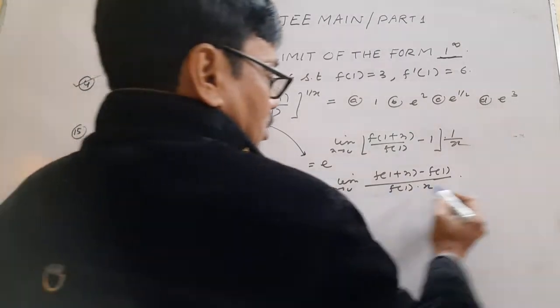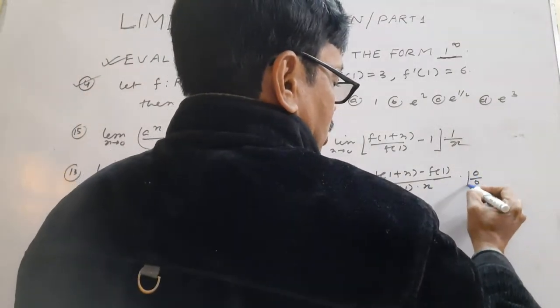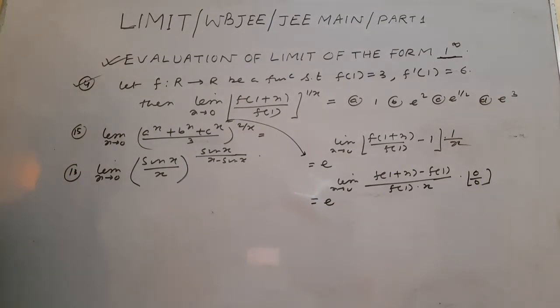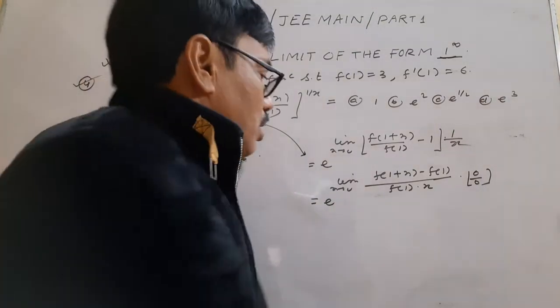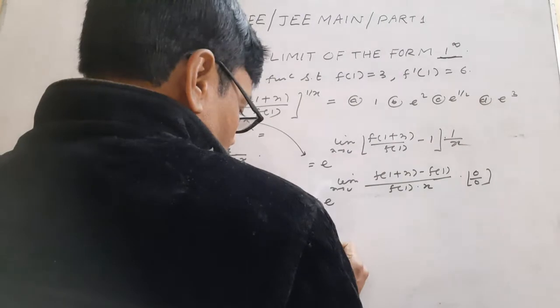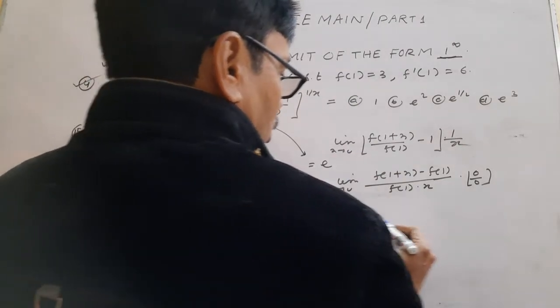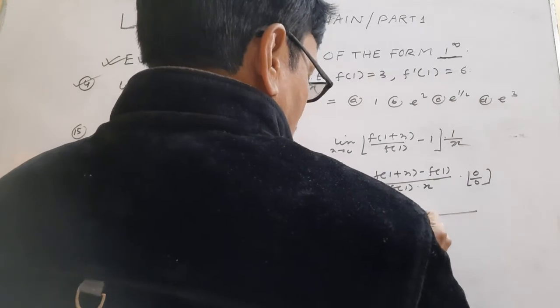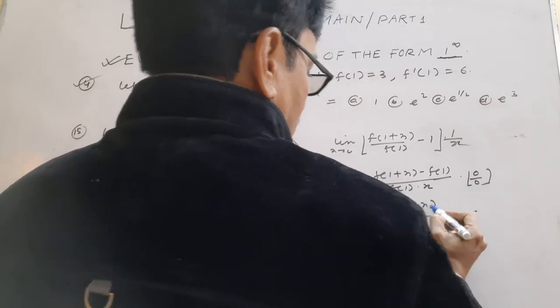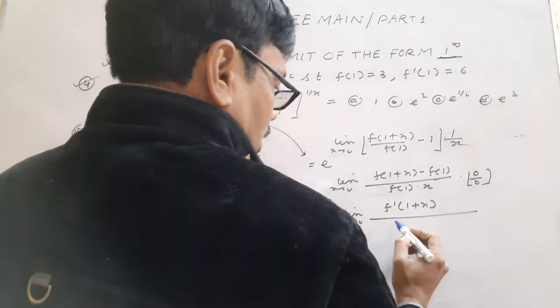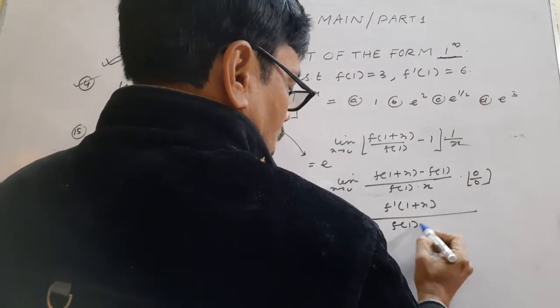Now if x equals to 0, this is 0 by 0 form. So we can use L'Hospital rule. The derivative of the numerator is f'(1 + x), since the derivative of 1 + x is 1 and f(1) is constant, and the denominator becomes f(1) into 1.